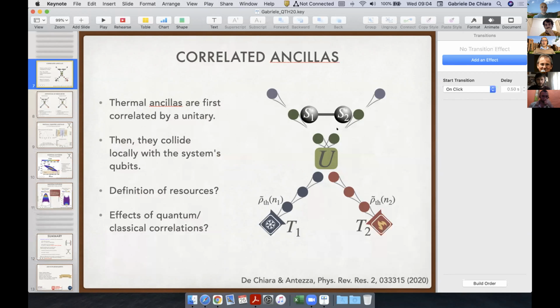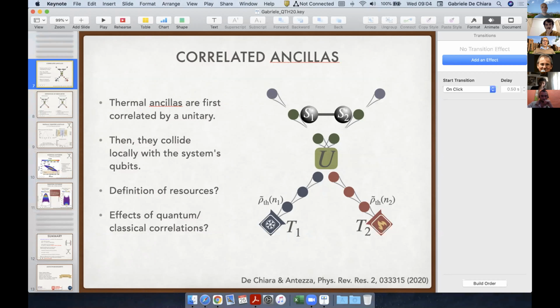If you had a model where you could make the two ancillas interact with a global, say, 4-body interaction between system and environment, then I would really believe that, for example, you could even use entanglement as a means to increase the power of the engine.